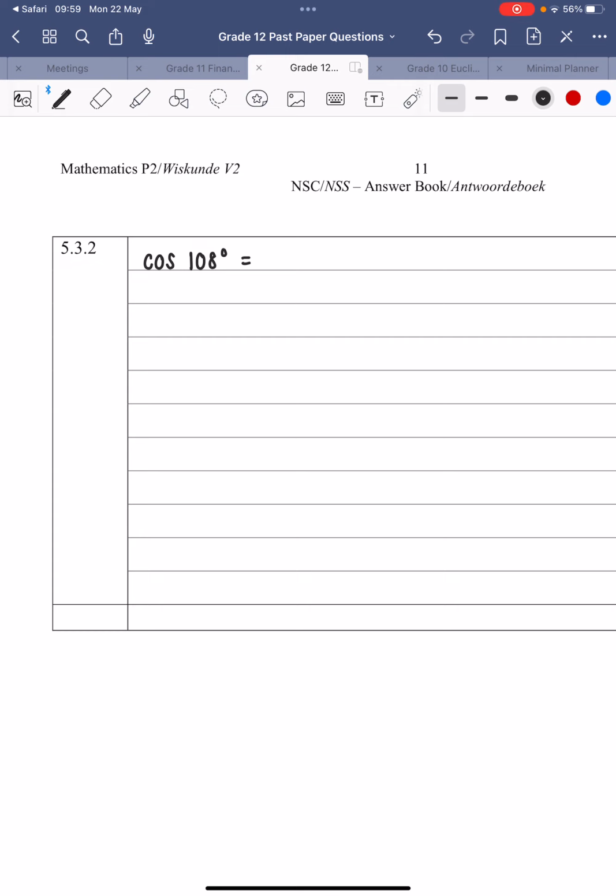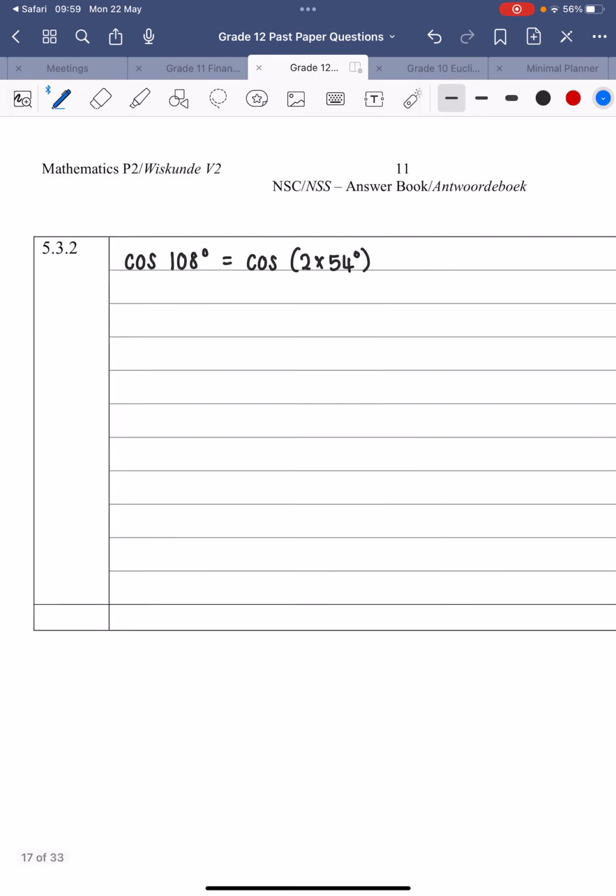Right? Isn't 108 the same as 2 times 54? And if we have 2 times an angle, that is a double angle. So we're going to have to use a cos double angle identity.